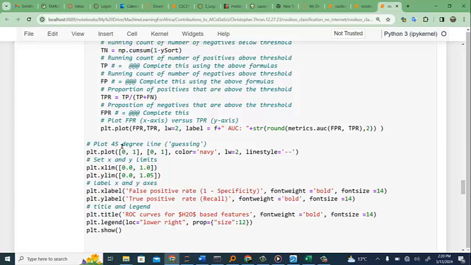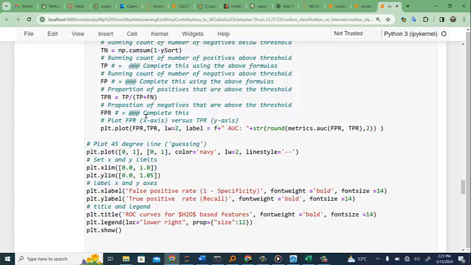Why is that? Well, on the 45-degree line, the true positive rate and the false positive rate are equal. So you're just as likely to get a true positive as a false positive. So it's just like you flip a coin. If you have a positive, you flip a coin and say, well, this is true positive, or this is false positive. All right?